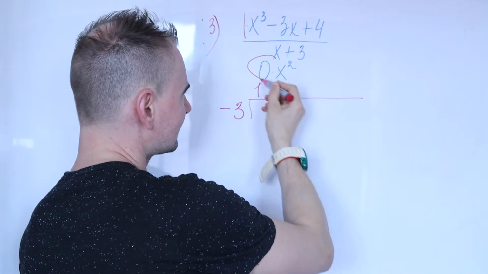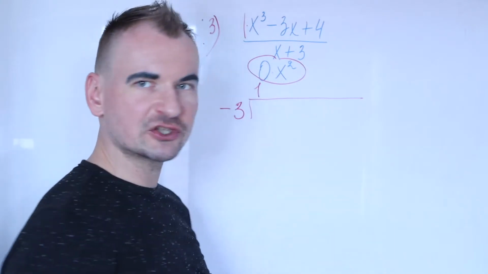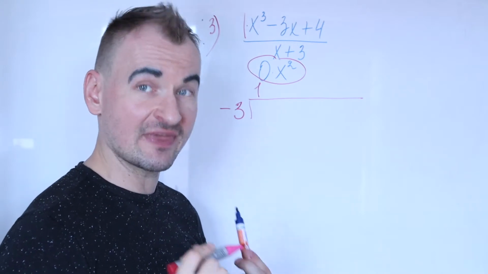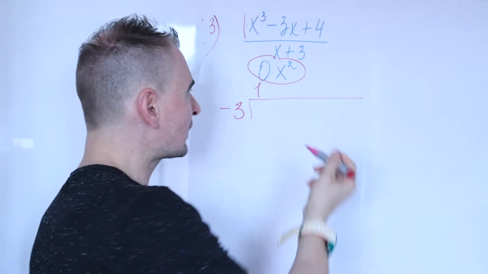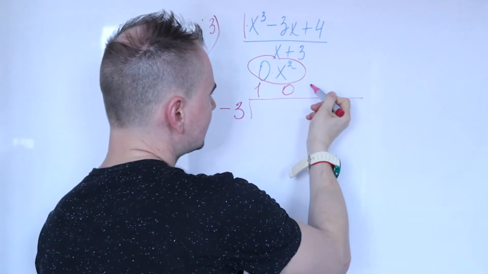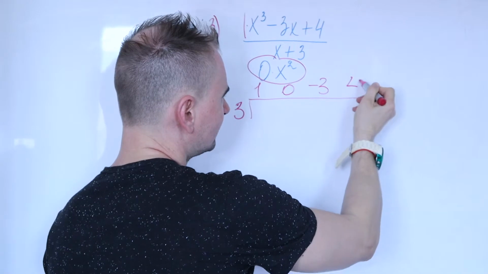Since the x squared term is missing, the coefficient is 0, and that's important. So we have to write 0, negative 3 and 4.